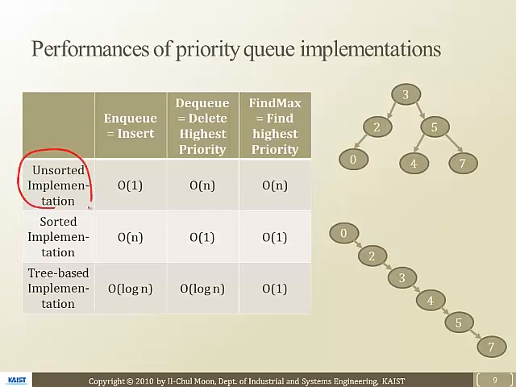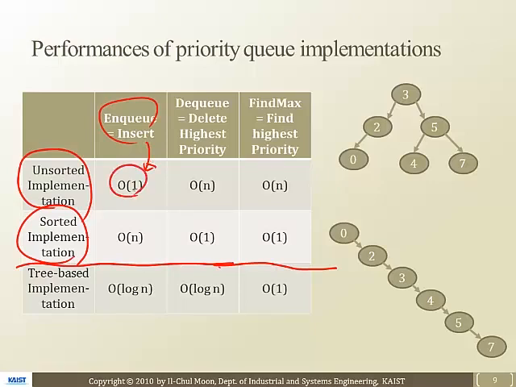We have the unsorted implementation and we have the sorted implementation, which we have covered so far, right? Up to this point, we have these operations. In the unsorted implementation, enqueue is just putting at the rest of the line. That's what happens here, order 1, order constant.